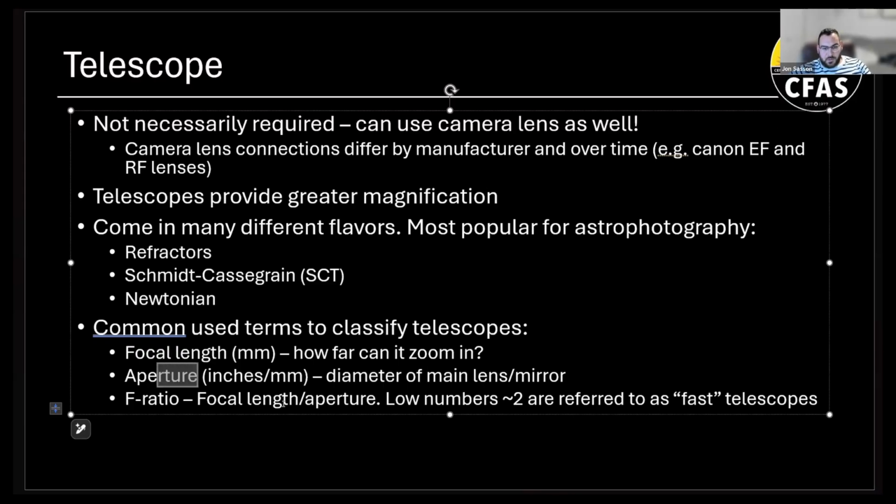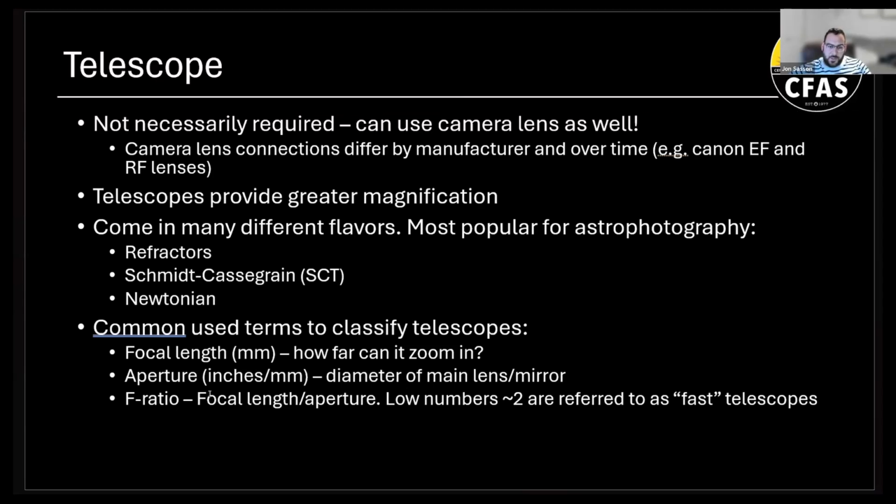The aperture, another term you'll hear, is the diameter of the main lens, the front lens, or the main mirror on the telescope. And then the F ratio, which is the focal length divided by the aperture.